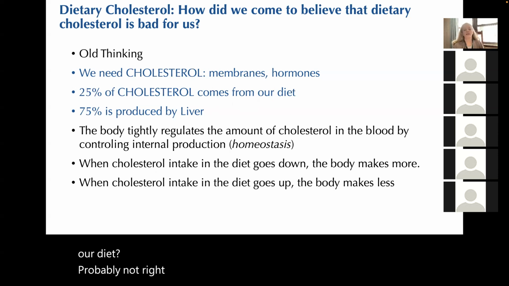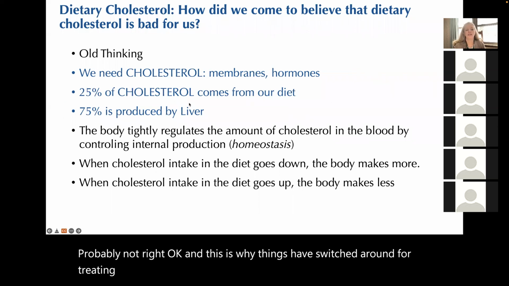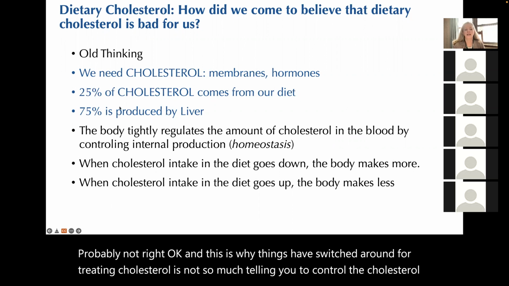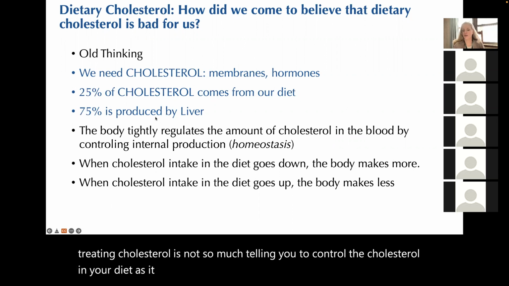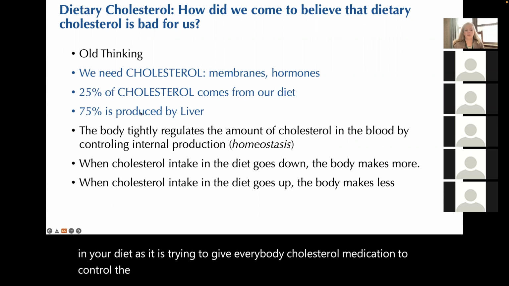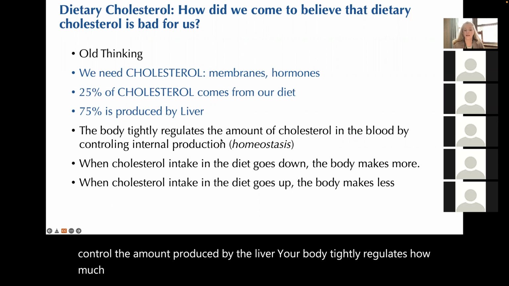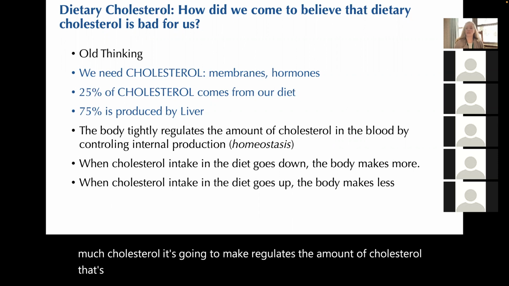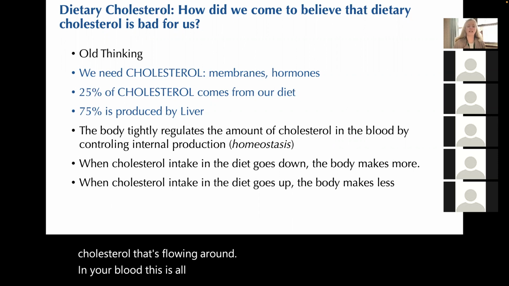And this is why things have switched around for treating cholesterol: not so much telling you to control the cholesterol in your diet as it is trying to give everybody cholesterol medication to control the amount produced by the liver. Your body tightly regulates how much cholesterol it's going to make, and the amount of cholesterol that's flowing around in your blood. This is all part of homeostasis.